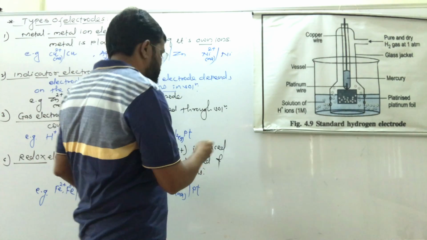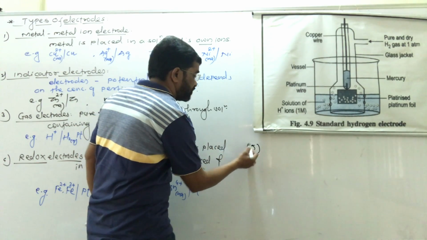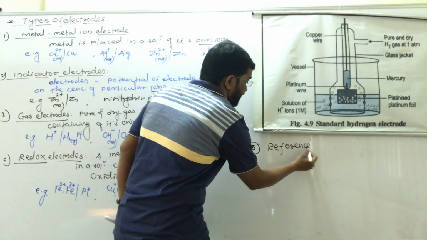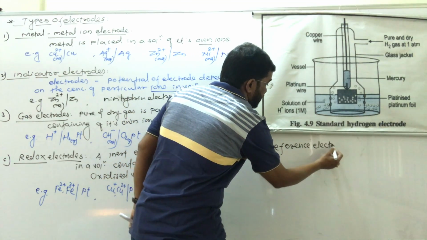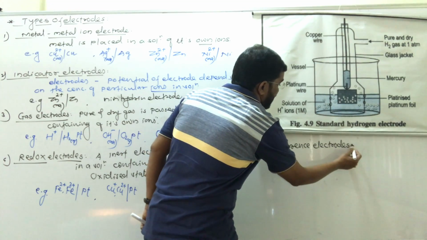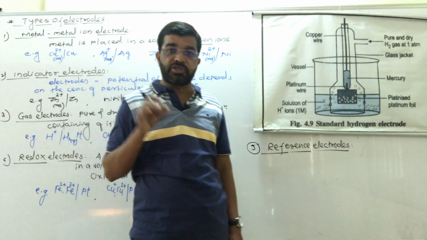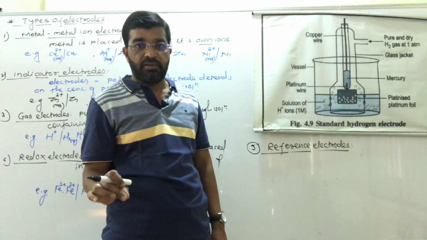Now the next type of electrodes we have to study is the reference electrodes. We have to study what reference electrodes are, and the types or some examples of reference electrodes in detail.